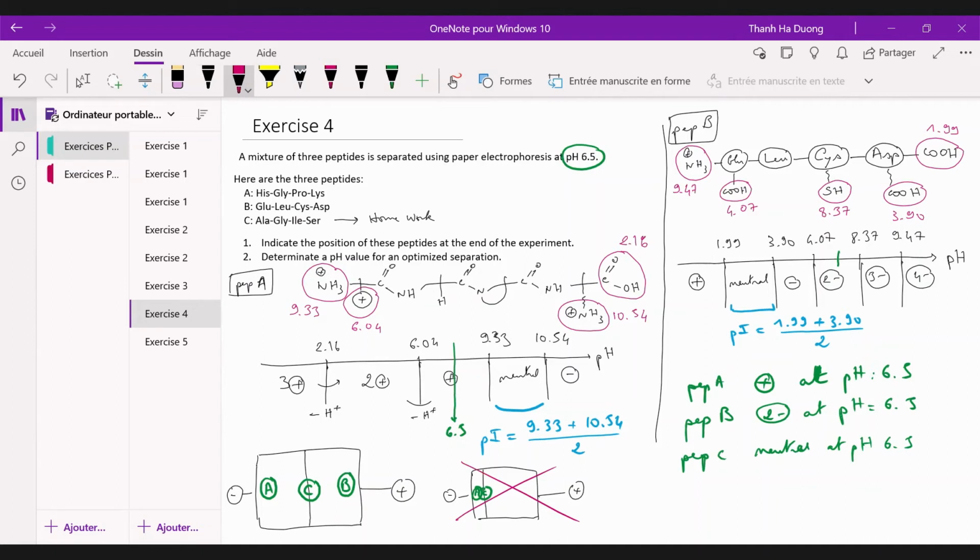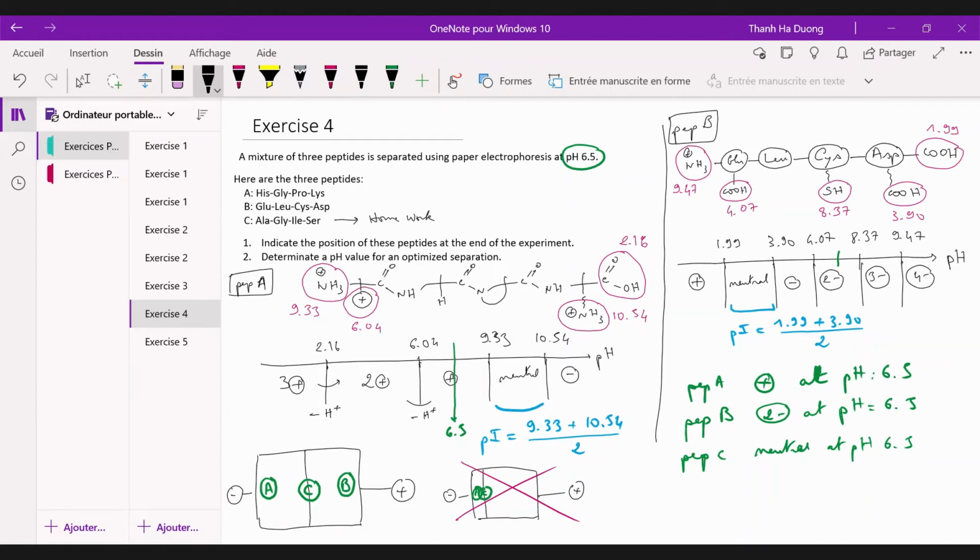Oh, yes, I understand. But indeed you need to run your electrophoresis for some time, and the distance of migration of your peptide depends on the time you run your experiment.